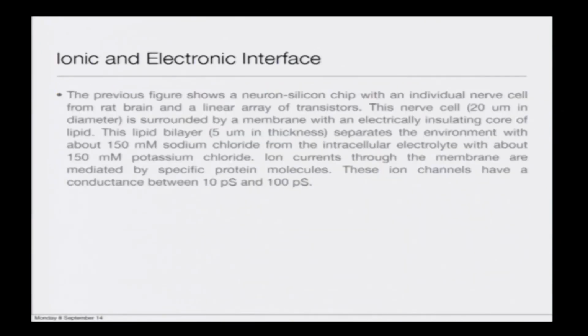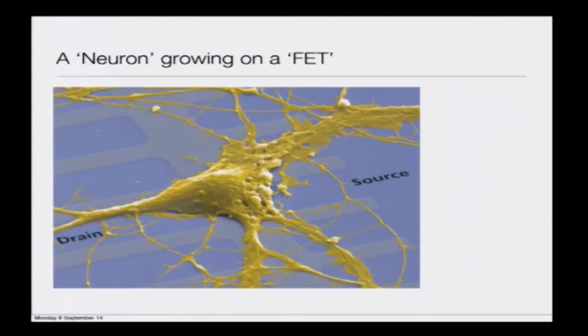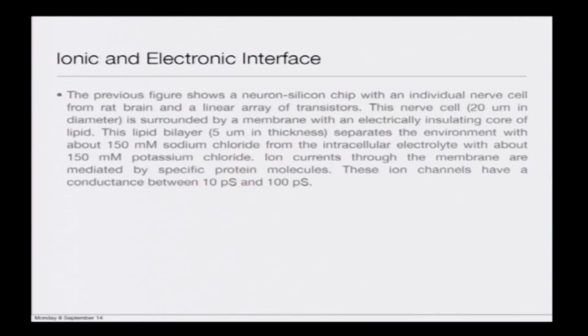Okay. Ionic and electronic interface, we have talked about it a little bit here. Just a recap: the previous figure, which I just showed you, shows a neuron silicon chip. It is basically showing an individual nerve cell from the rat brain and a linear array of transistors. This nerve cell, which is 20 micron in diameter, is surrounded by a membrane with an electrically insulating core of lipid, as you know there is a lipid bilayer around the neuron.